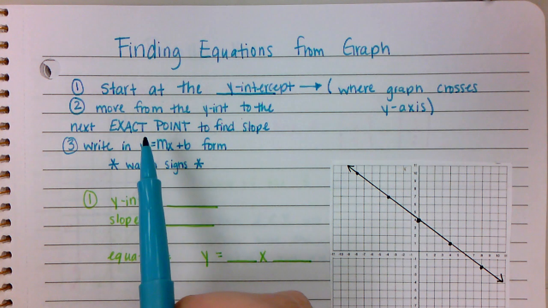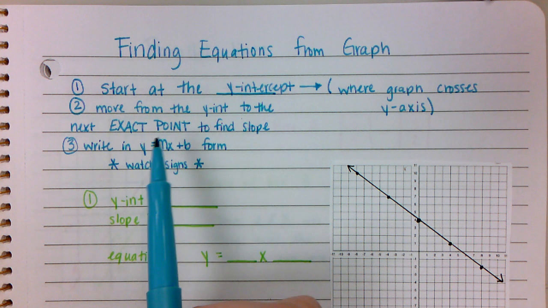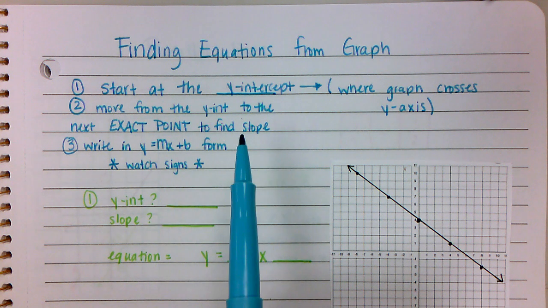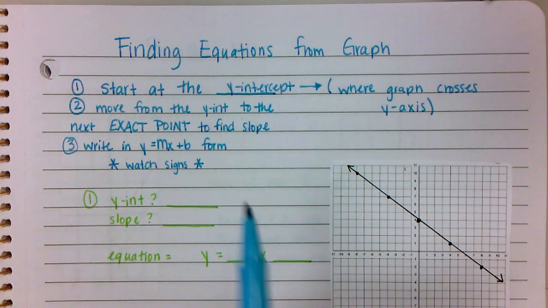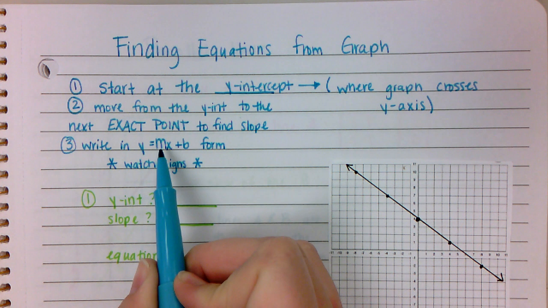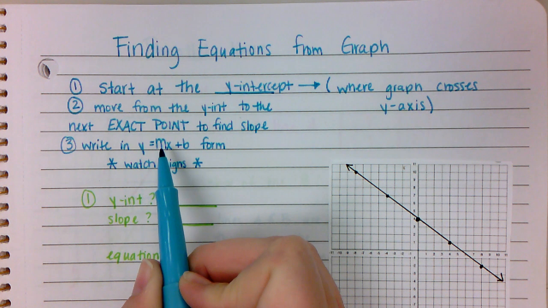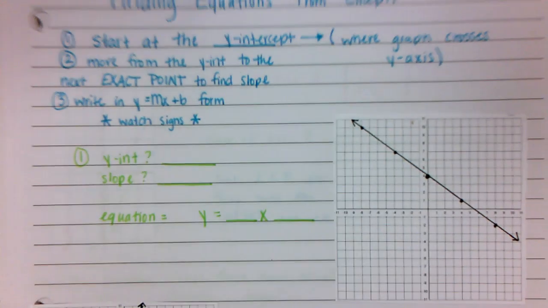Then, once you've found that point, you move from that y-intercept to the next exact point to find your slope. And then you're just going to write it in this form. Remember, the b is our y-intercept, the m is our slope. We talked about that a lot yesterday as well. So let's look at our first example here.